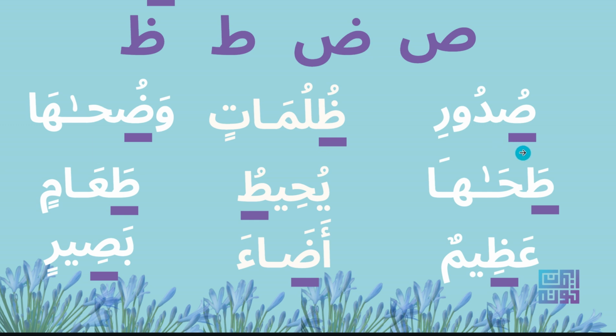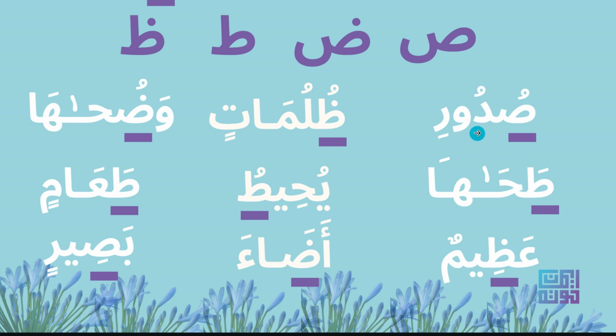Al-Huruf al-Mufakhama, Al-Huruf al-Musta'liya, and Al-Huruf al-Mustafila, that are read lowered. The sound doesn't fill the mouth, okay? So here we have a sad, it's one of the elevated letters, and it has a dhamma. So we say su. What about the dal? It is not elevated, right? So we say sudu.